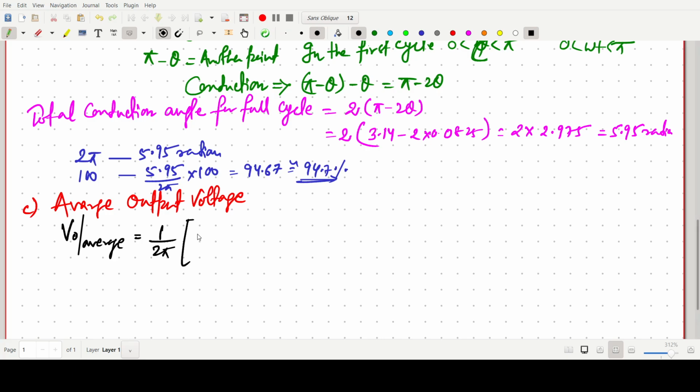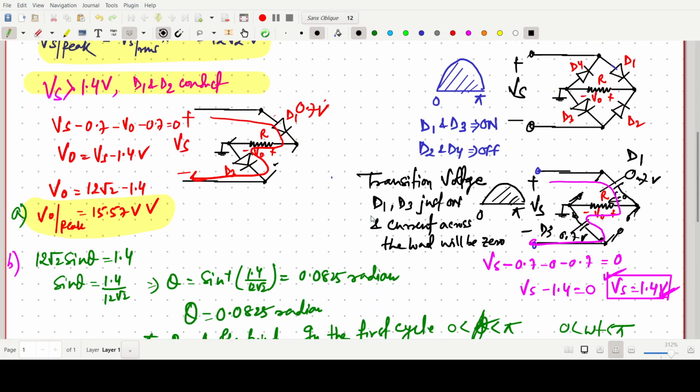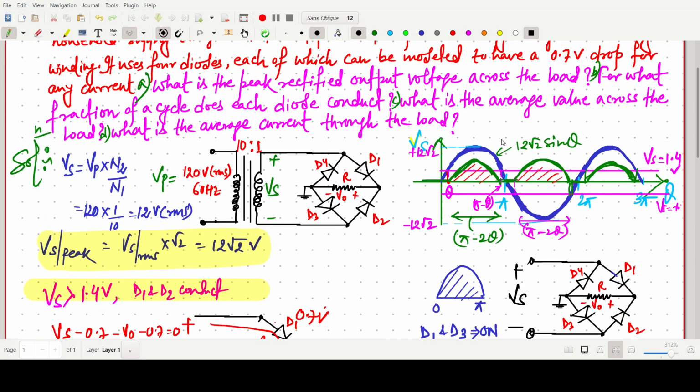Okay, so I am writing multiplying with 2 theta to pi minus theta. Now what we have to write, the curve equation we can write: 12 root 2 sine phi minus 1.4 d phi. Okay, because this curve we have to find the area of these 2 points.